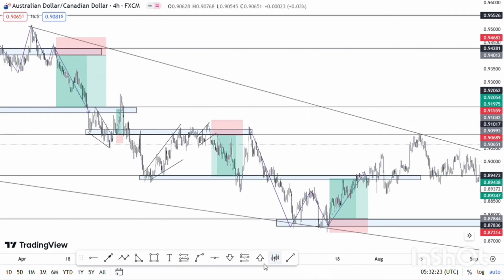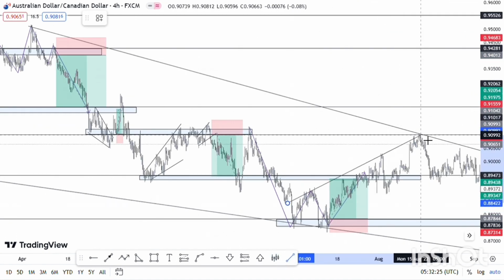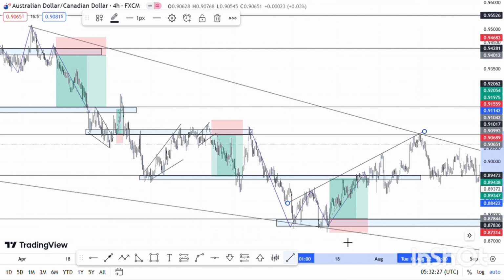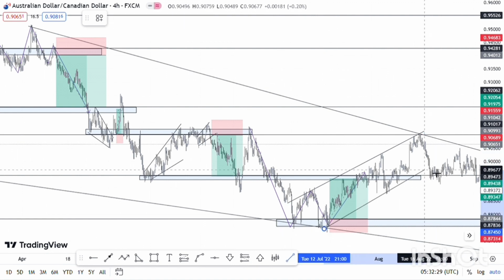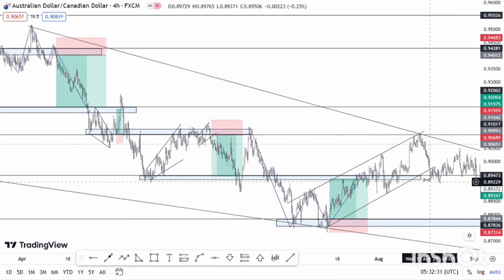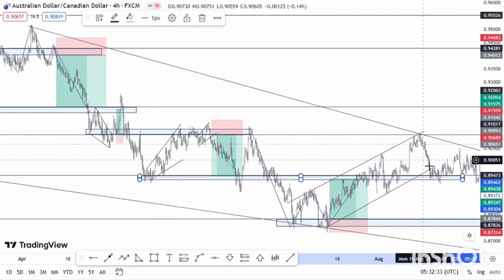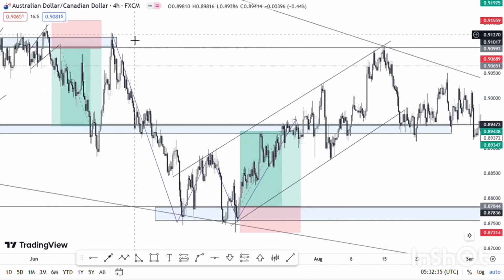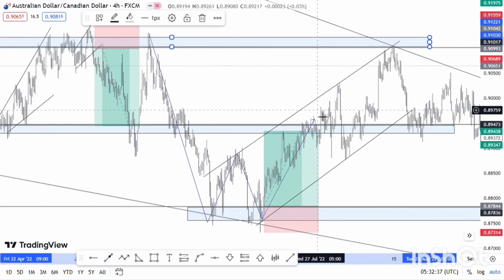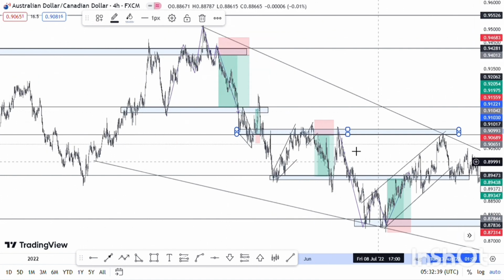Here I was going to enter a sell. Patience is the key, guys. Patience is the key. Here I was going to enter a sell trade up to this resistance, because we are approaching our resistance.